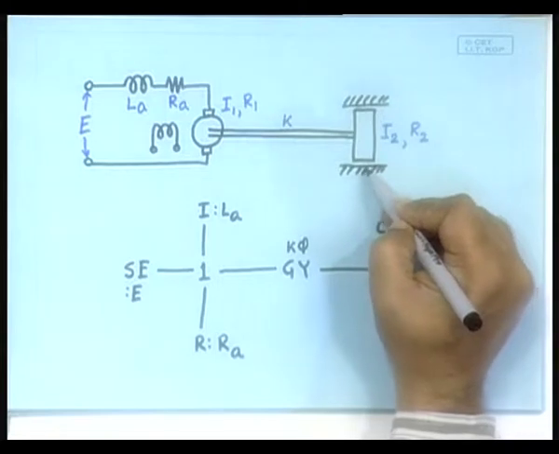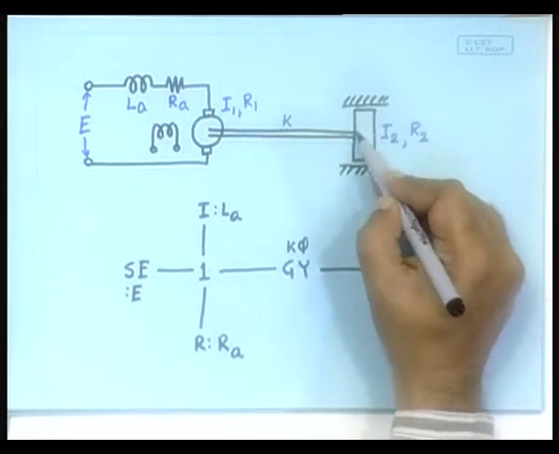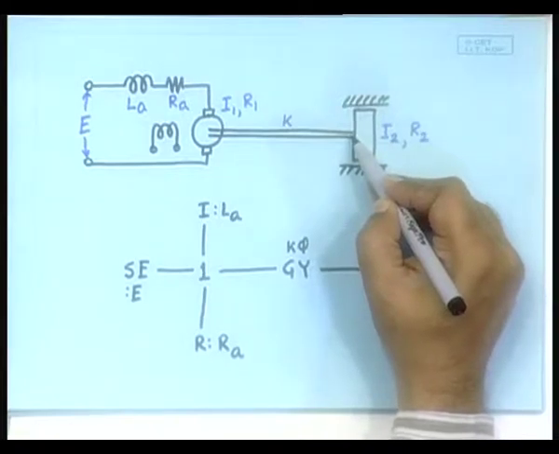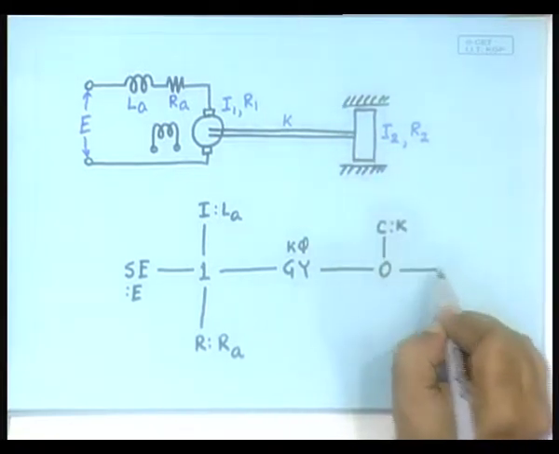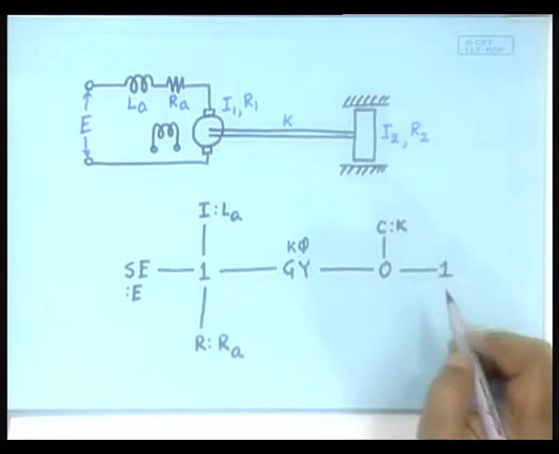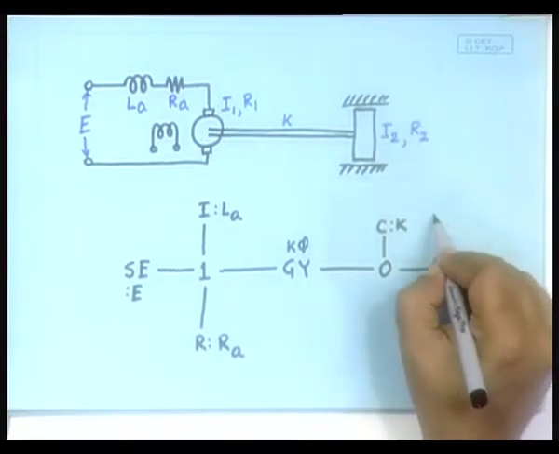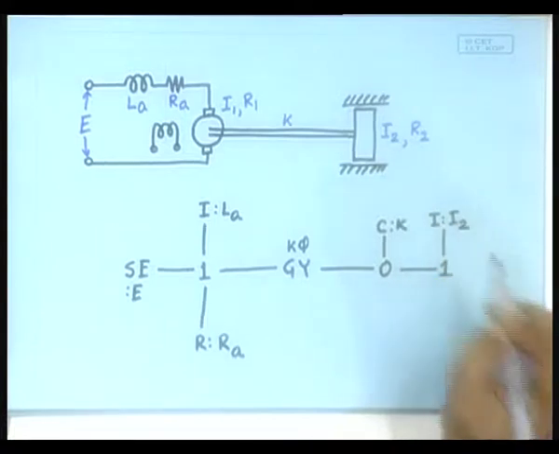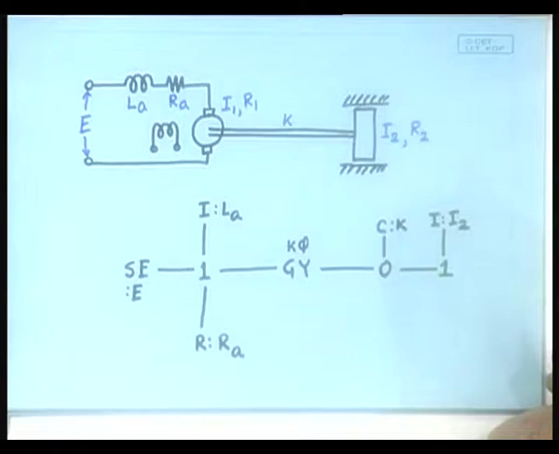Okay. The frictional element is seeing the same flow as what is being seen by the mass, as what is being seen by this end of the spring. So, we have all that connected by means of one junction. So, what do we have here? We have an I which is I2, where is I1?